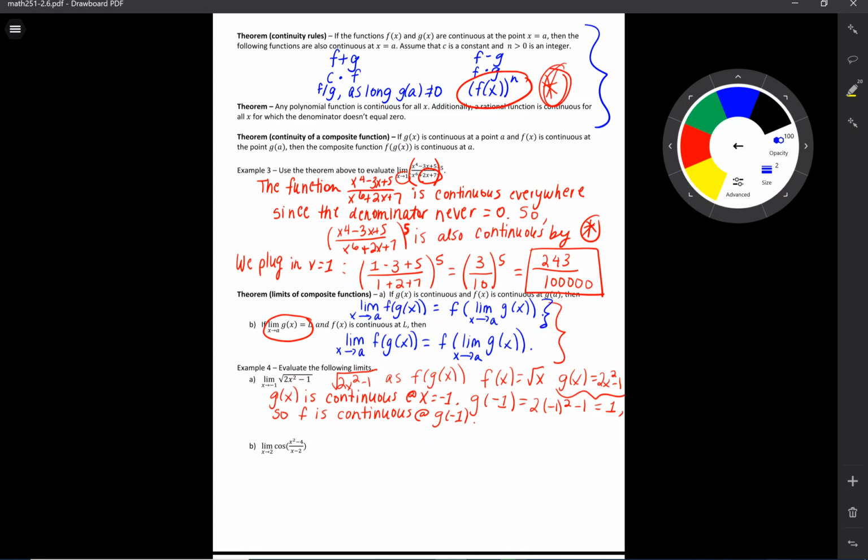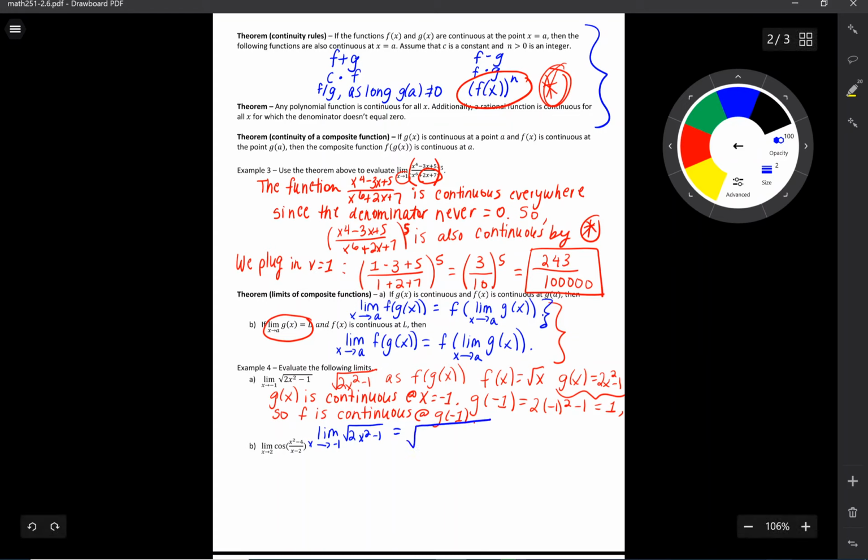So the limit as x approaches -1 of the square root of 2x squared minus 1 is equal to f of the limit as x approaches a of g of x. Well, f here is the square root.